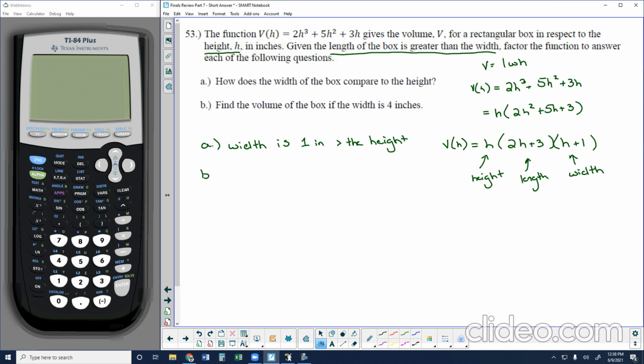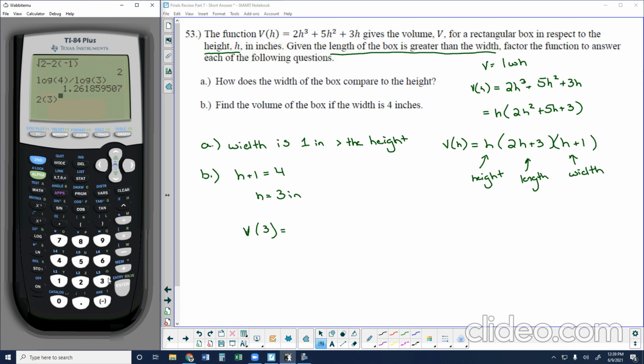B says, find the volume of the box if the width is 4 inches. So not the height, but the width is 4 inches. This factor right here, h plus 1, represents the width. So the width would be 4. Therefore, the height would be 3 inches. So what I really want to find here is V of 3. I can go ahead and input 3 into the original function.